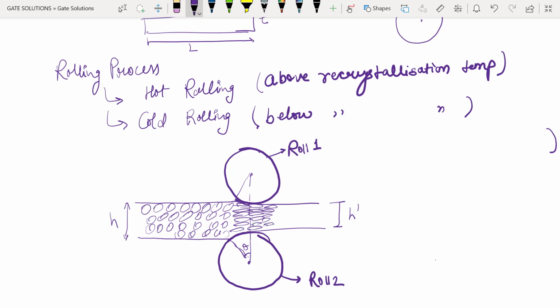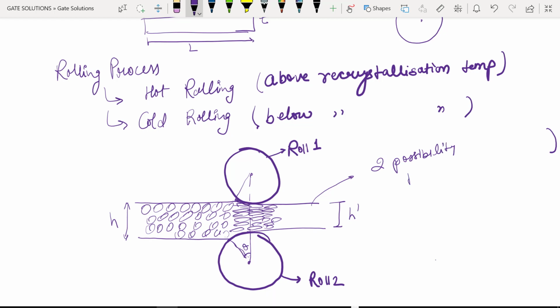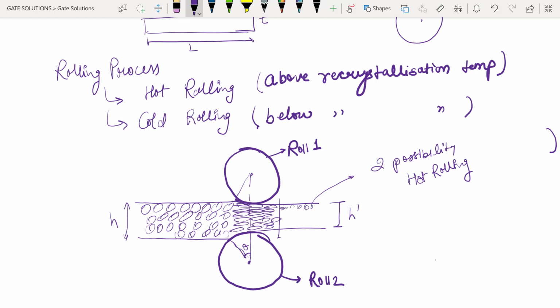After a certain distance there are two possibilities. If this is hot rolling, after this zone the grains will start refining. That means we will have some small, refined grain size here. This is the case in hot rolling.